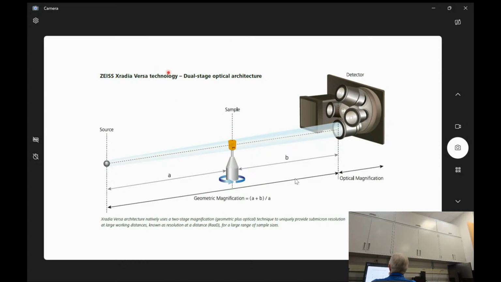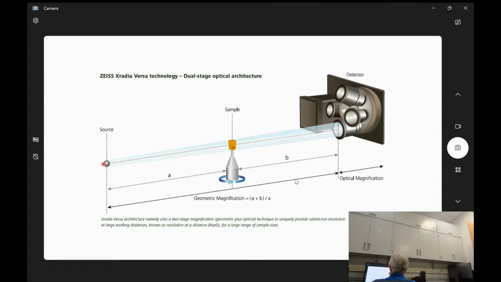In the Zeiss, I've got a dual stage optical architecture. So the sample stays in one place, rotating around a fairly small axis; I can offset this by a little bit. But in the Zeiss, what happens is I can move my detector either far back or very close.